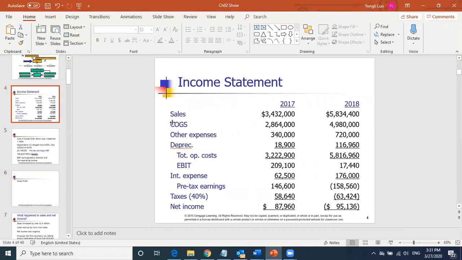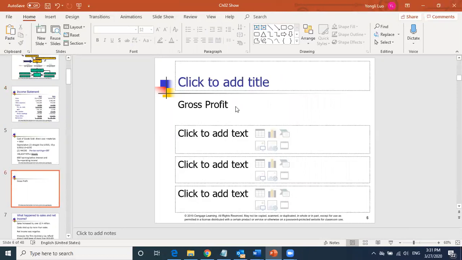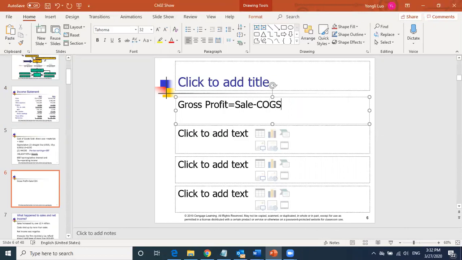Gross profit is sales minus cost of goods sold. And then you have your operating profit.